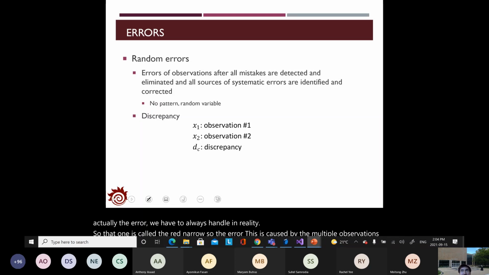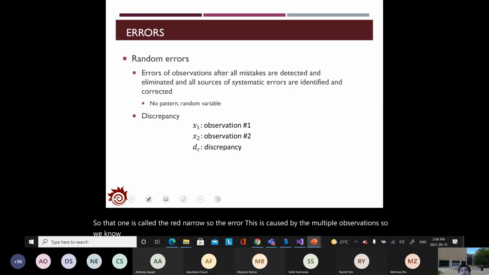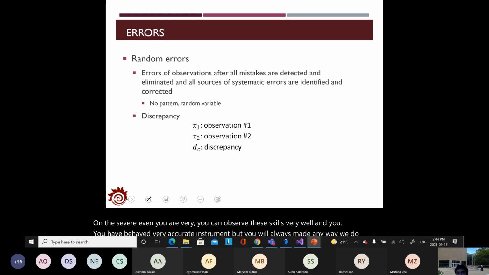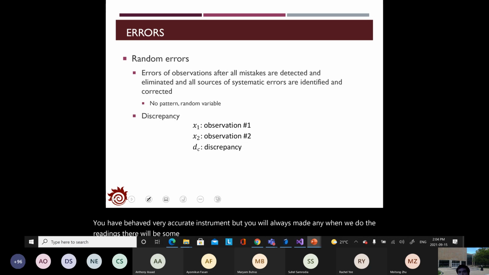So we know that for the surveyor, even if you can observe the scales very well and you have a very accurate instrument, when you do the readings there will always be some uncertainties when you try to align your instrument to the target.